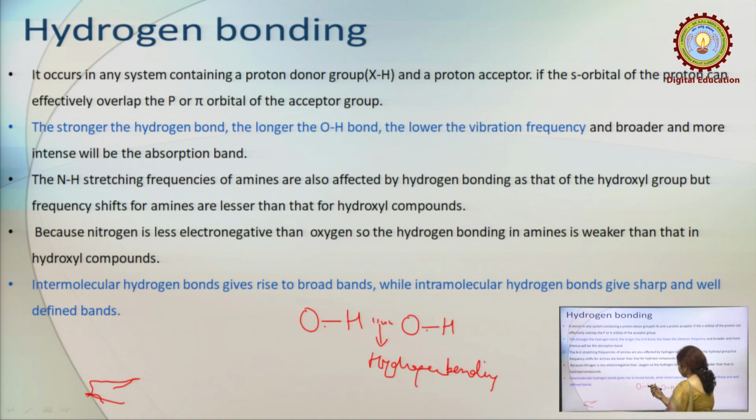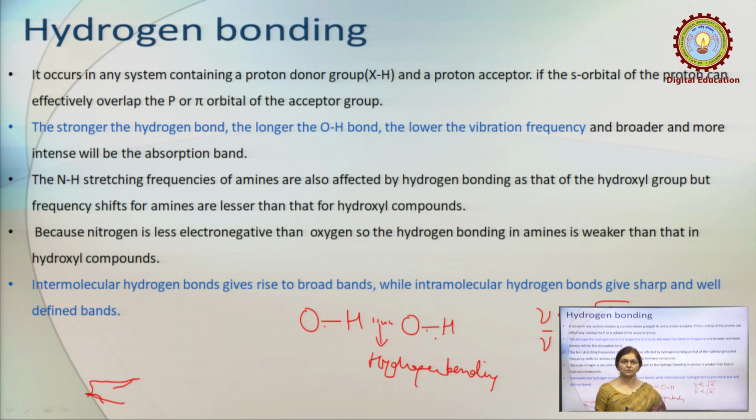This oxygen tries to pull the hydrogen towards itself, due to which there is a lengthening or weakening of the bond. When the bond weakens, the force constant decreases. When force constant decreases, wave number of absorption or absorption frequency also decreases. It means in the case of hydrogen bonded compounds, absorption frequency decreases because force constant decreases.